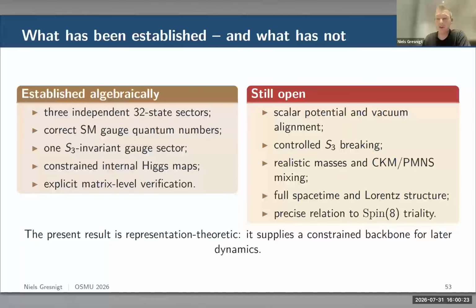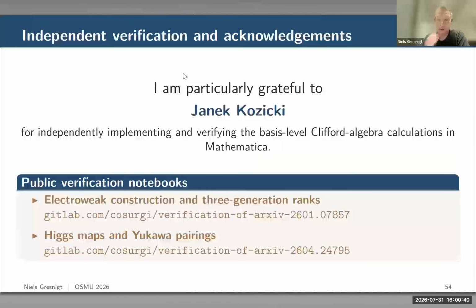But in the literature, this S3 is just put in by hand. Whereas I think the way I've done it, this S3 is ultimately motivated from these automorphisms of the sedenions. So I'd like to develop those ideas further.